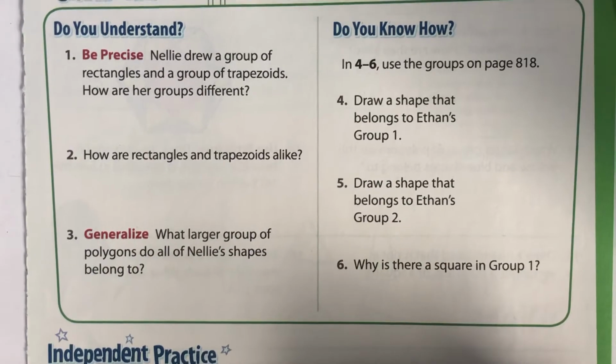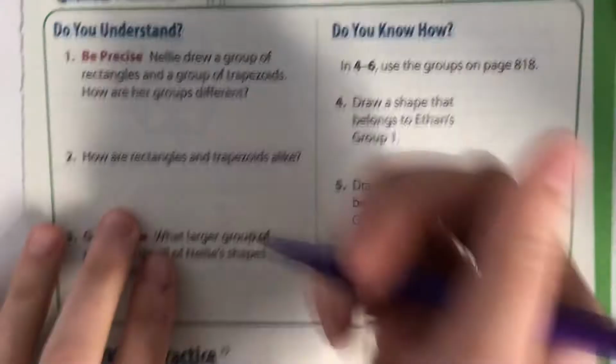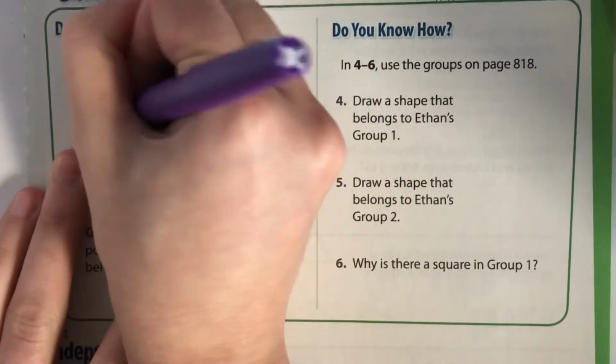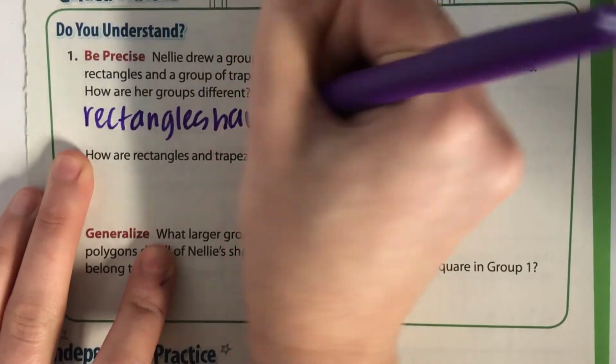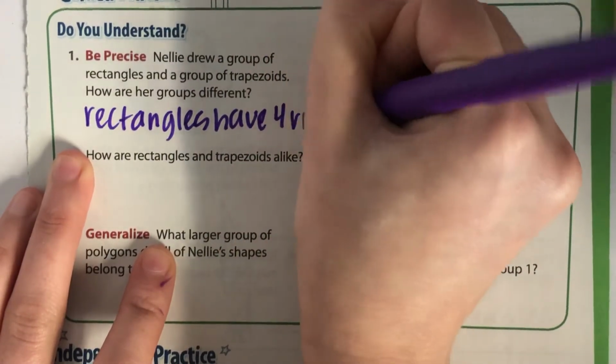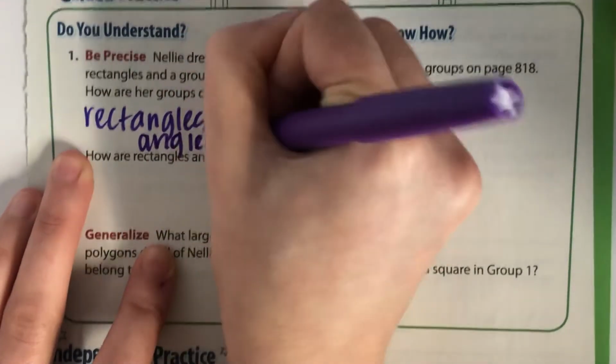Neely drew a group of rectangles and a group of trapezoids. How are her groups different? Rectangles have 4 right angles. Trapezoids do not.